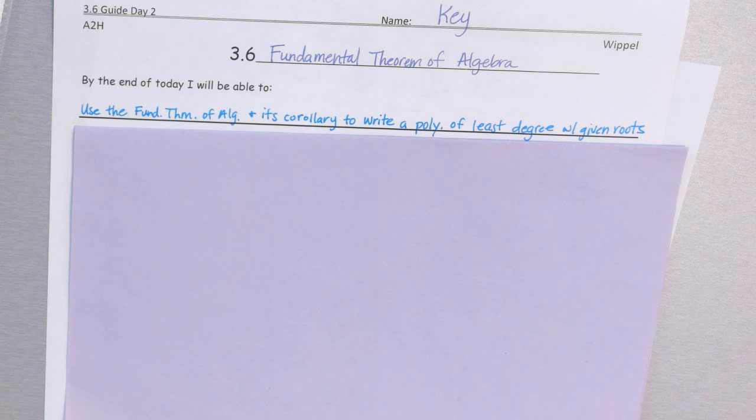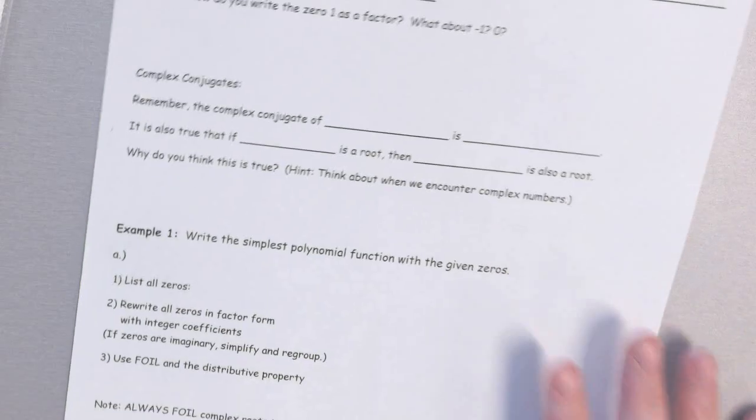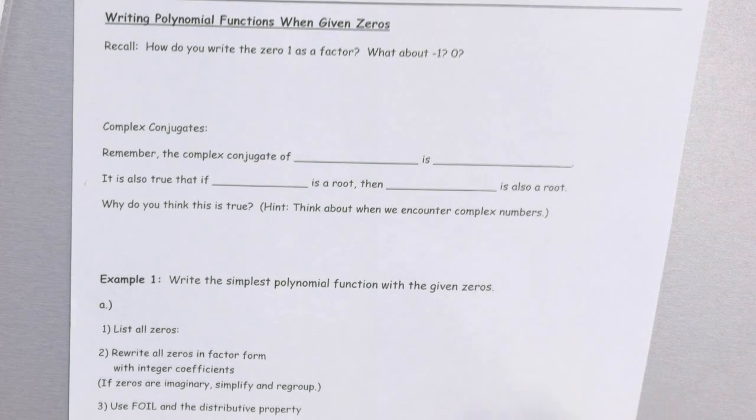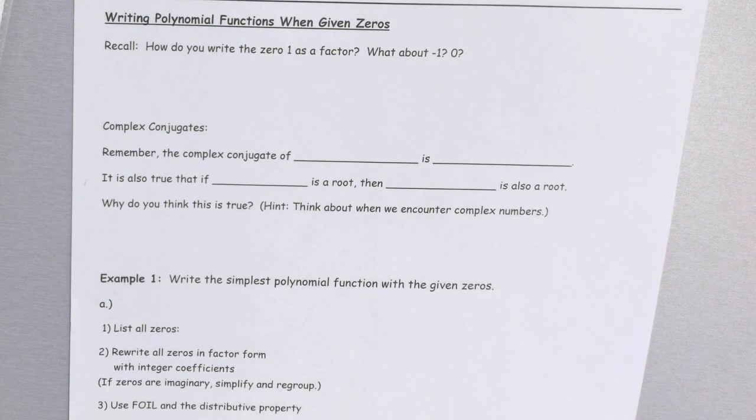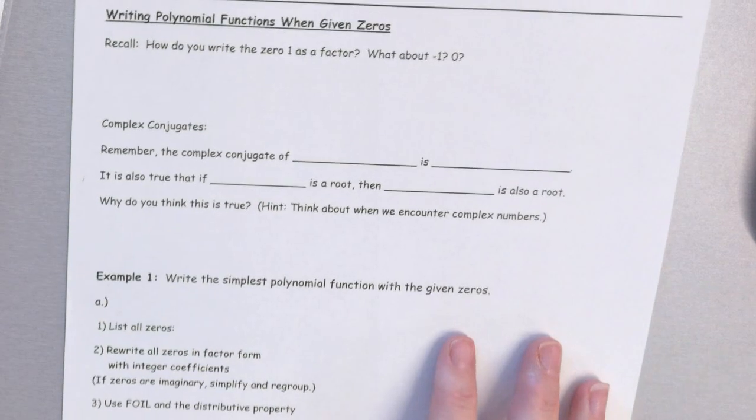So the first thing we want to remember is the factor form. In your notes on writing polynomial functions when you are given zeros, it says, recall, how do you write the zero of 1 as a factor? And then I said, what about -1 and 0?